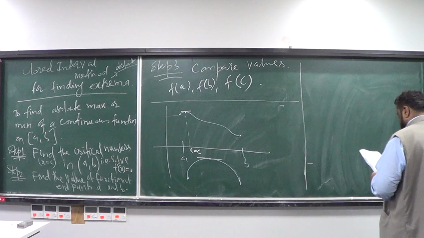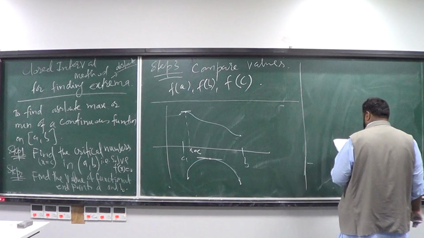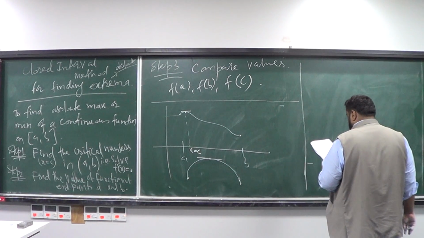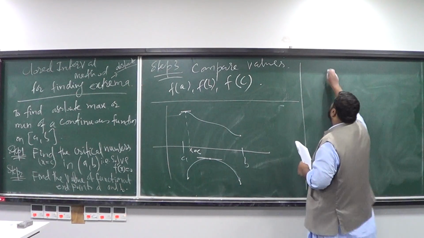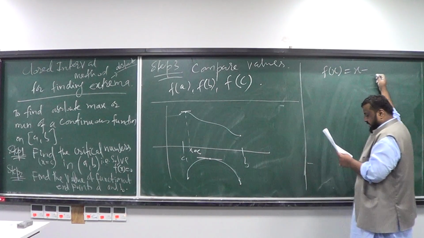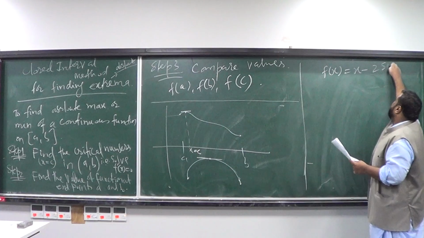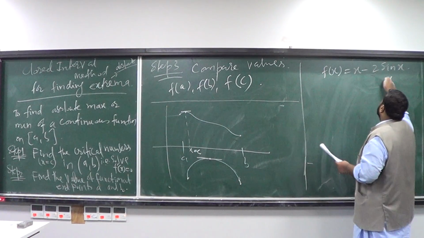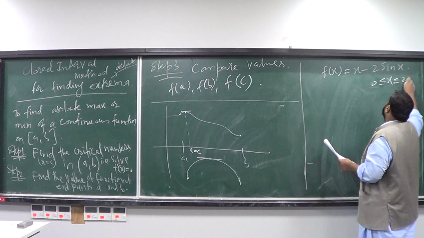So for example, consider a function, say f of x equal x minus 2 sine x. Okay? And consider this function for x between 0 to 2 pi.